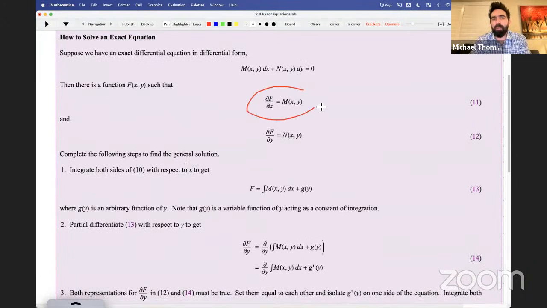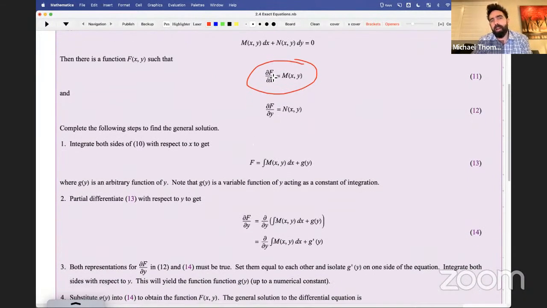Okay, so we're using this equation. We're going to integrate both sides of this equation with respect to X. So I'm going to throw on some integral signs, and I'm going to integrate with respect to X. Throw on a little dx there.